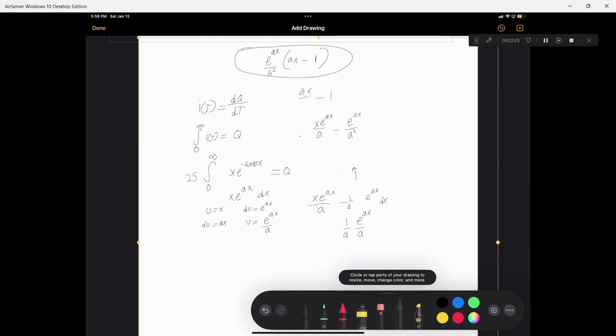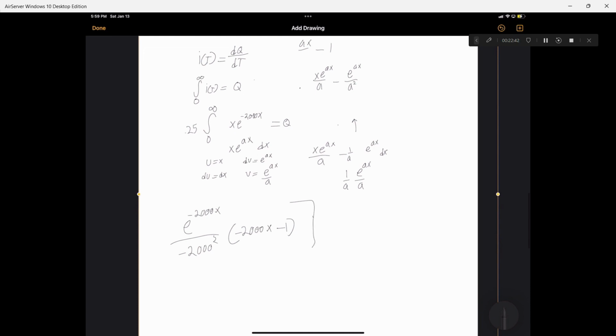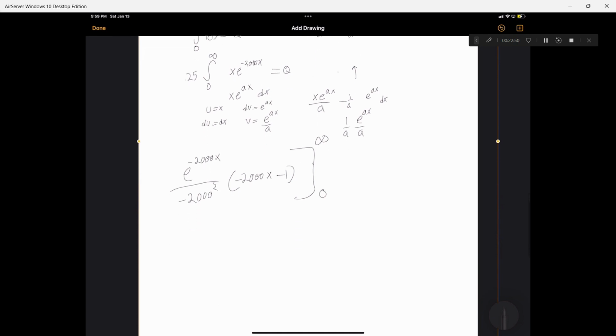This one: e to the negative 2,000 x divided by negative 2,000 squared of 2,000 x minus 1 from infinity to 0. You just plug in infinity for the first, we'll do the first one.